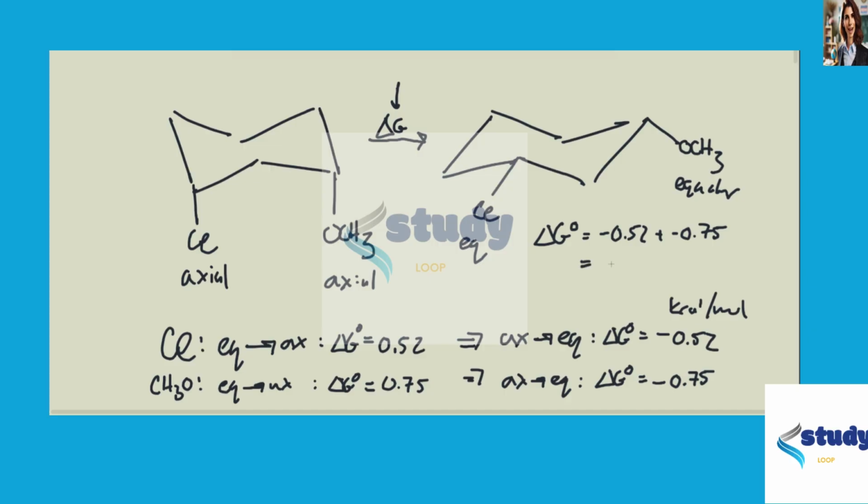Altogether, this is negative 1.27 kcal per mole. That is the delta G of this ring flip. That's option D. Not a very good D, but that's a D. There you go.